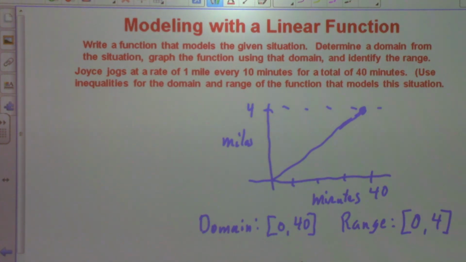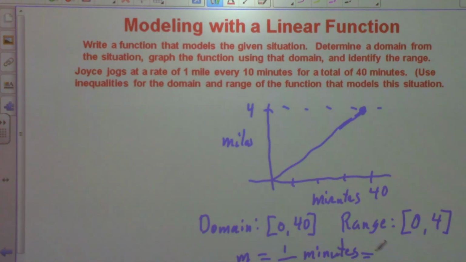So we'll say miles equals 1/10 what? Minutes. Okay, we use different variables.